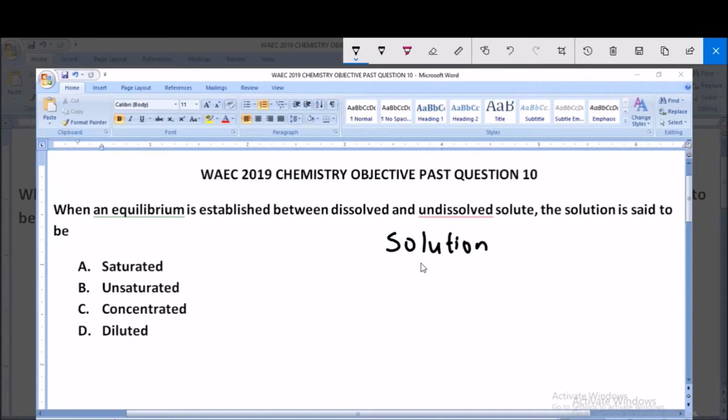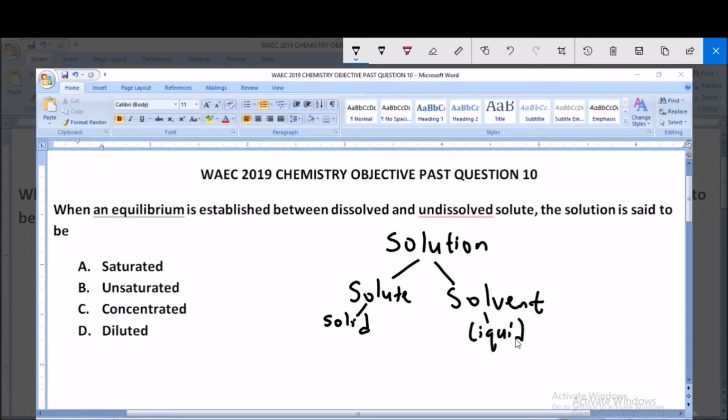So the first thing I would like to establish is that a solution is made up of two parts or two components, a solute and a solvent. Now, in any topic considering solubility generally, the solute is the solid component, and the solvent is usually the liquid component.